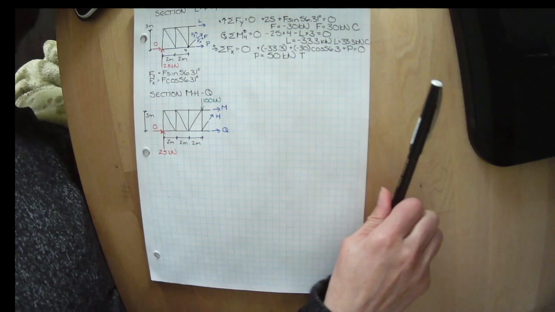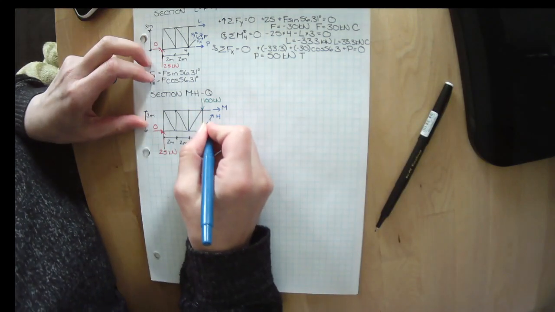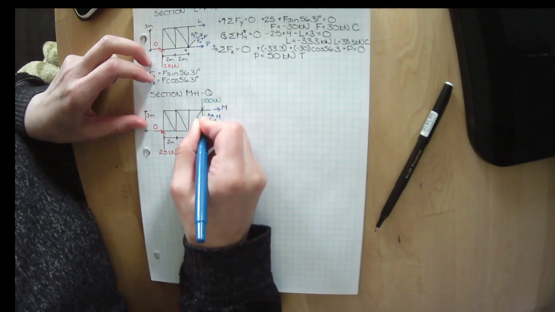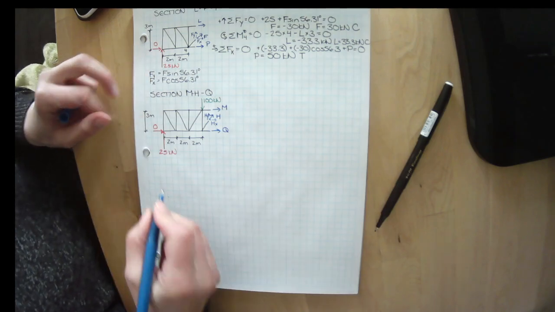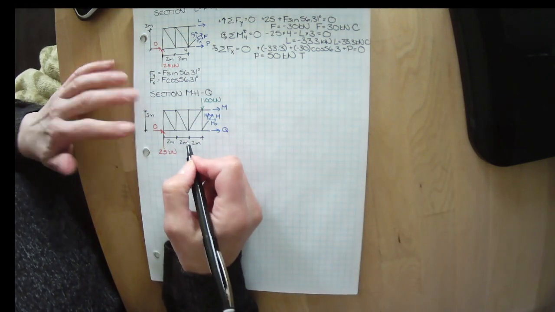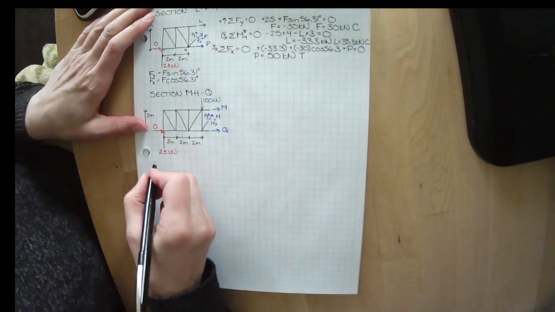So let's break this down a little bit. We know H can be HX and HY. We know that the angle is the same to the x-axis as all of them are because they have a ratio of 3 meters to 2 meters.